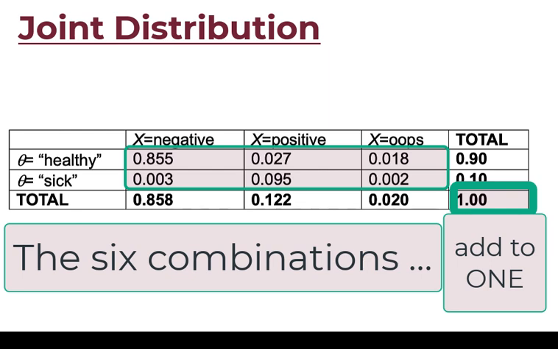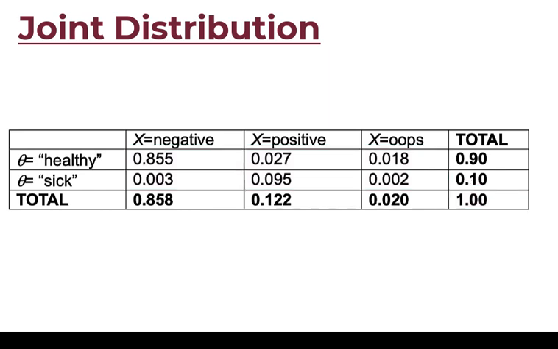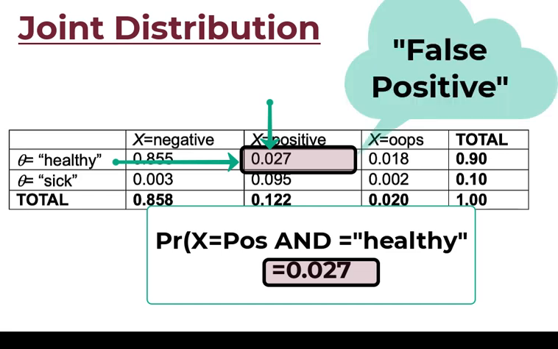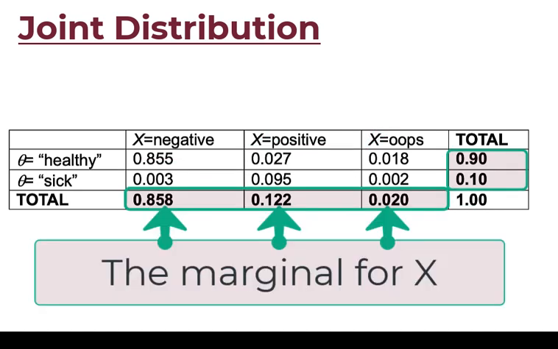Either way, the 6 combinations of X and theta, all 6 of them, their probabilities will add up to 1. It's the magic of arithmetic. So, for example, this joint probability that theta is healthy and X is positive is equal to 0.027, which you can see right there. That is called a false positive.